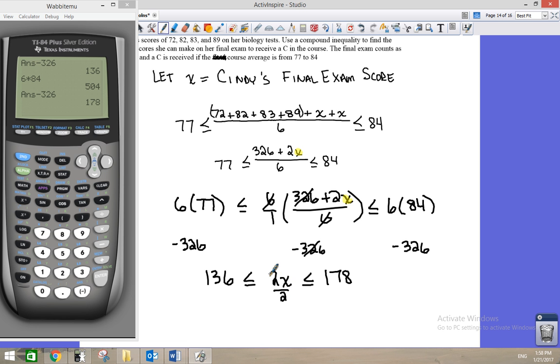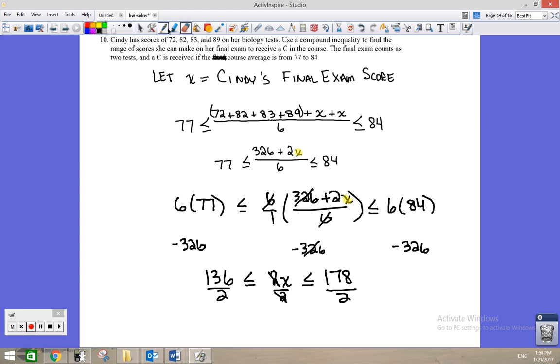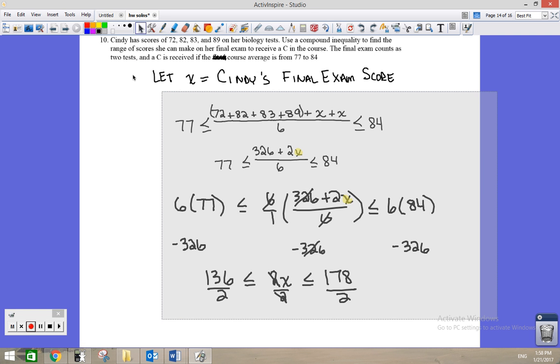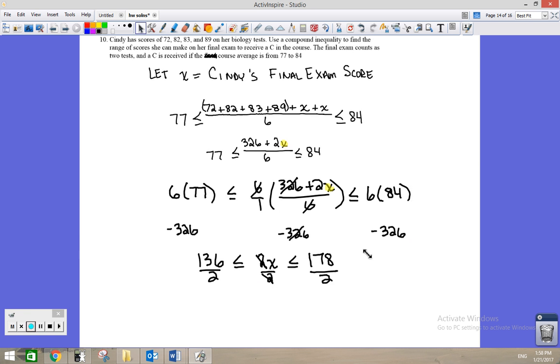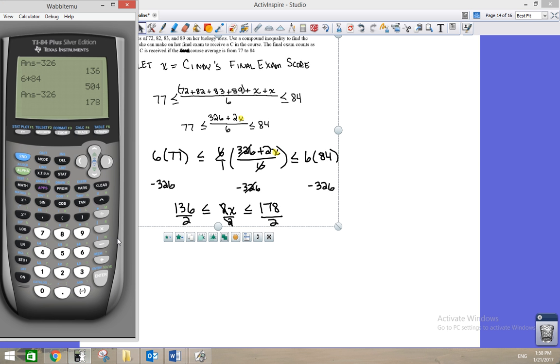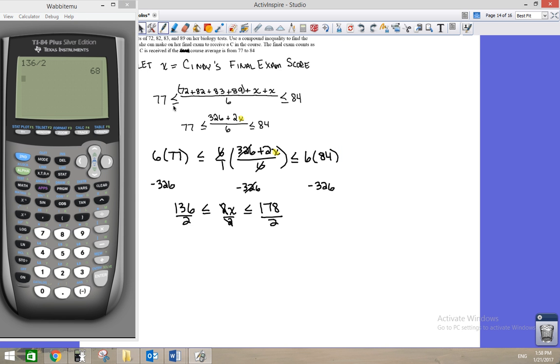I need to divide by 2 so that 2 divided by 2 is 1. So I need to divide by 2 everywhere in order to keep this inequality a true statement. So we've got 136 being divided by 2, that's 68, and 178 divided by 2 is 89.